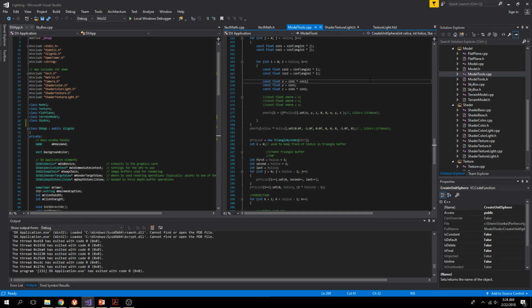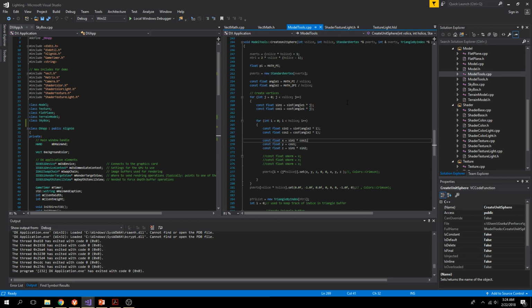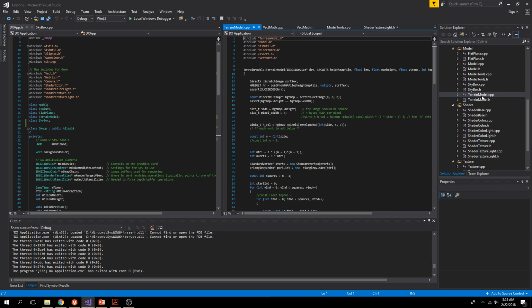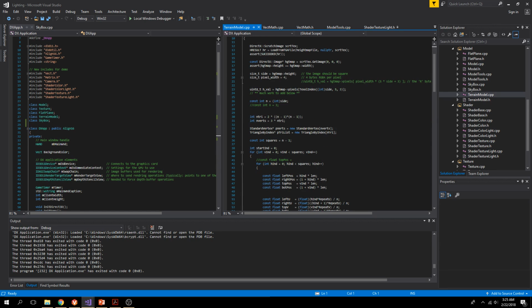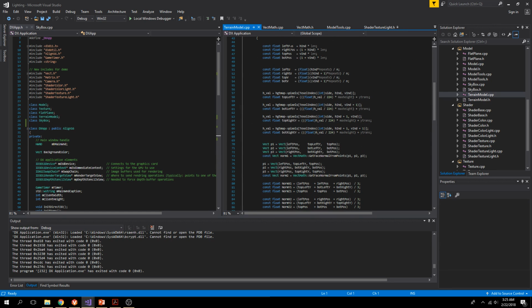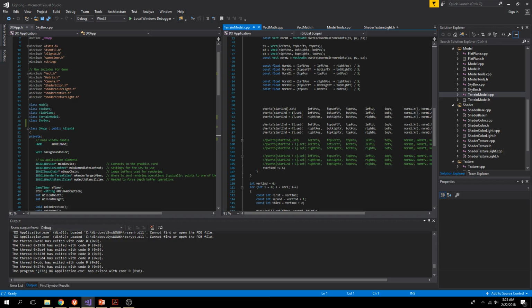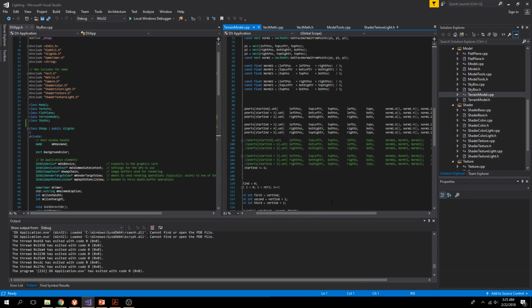So for the sphere, I'm not calculating the normals for the face, I'm calculating the normal for the vertex. I think that's how it's referred to. Terrain model, same thing. Getting the points, calculating the face normal, and then passing that into the vertex array.